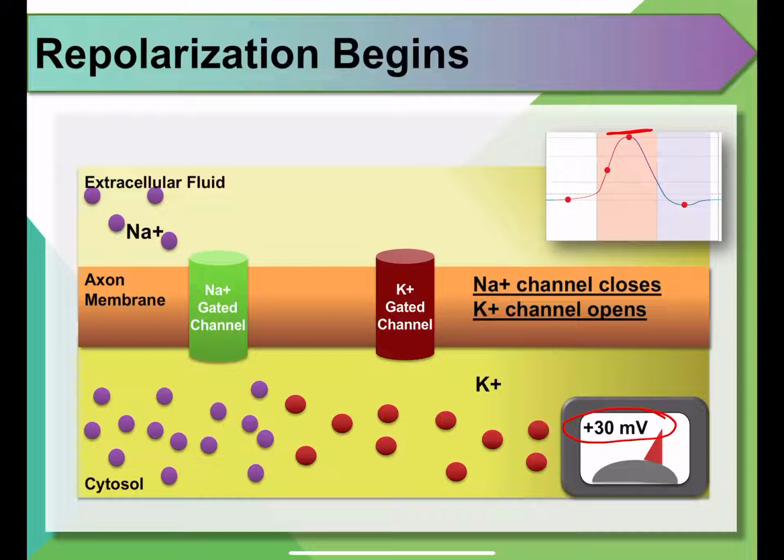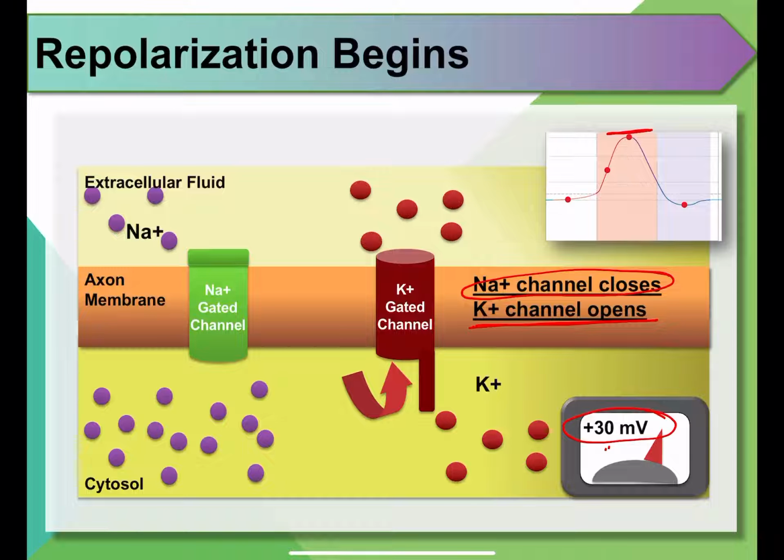The sodium channel now is closed, and instead your potassium channel will now open, allowing potassium ions to move out of the cell. Now you have potassium in the exterior part of the cell, and you will decrease this membrane potential back downwards because you're allowing more positive charged ions to move out of the cell.